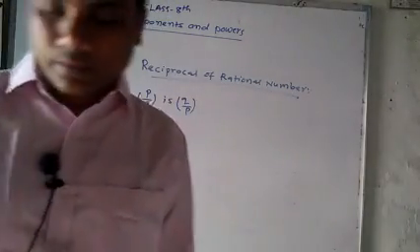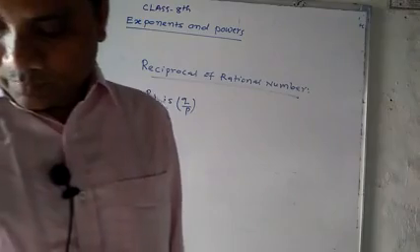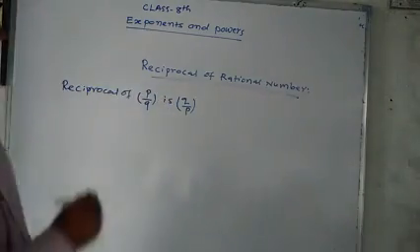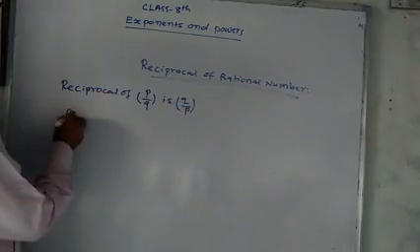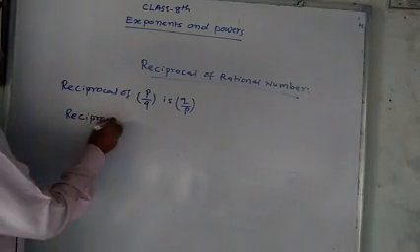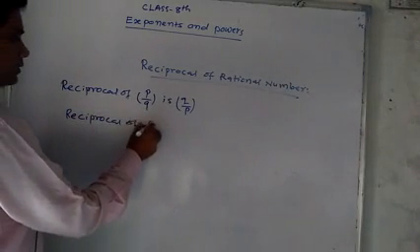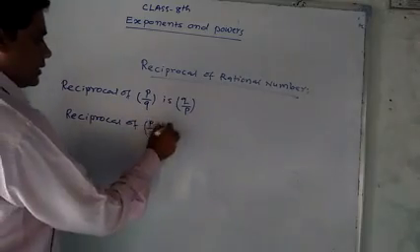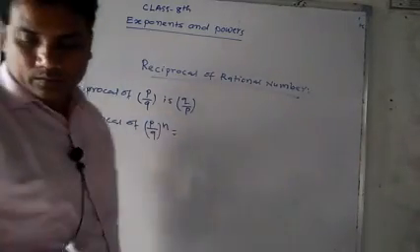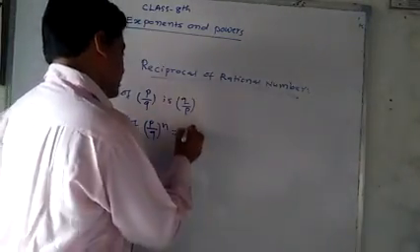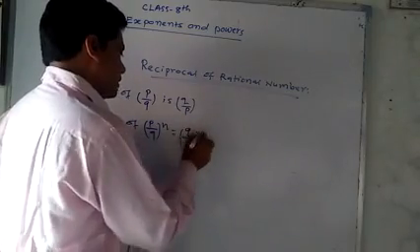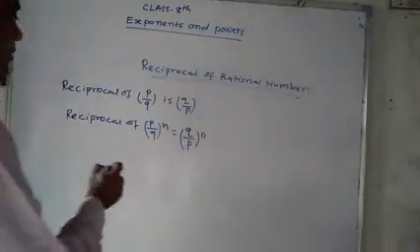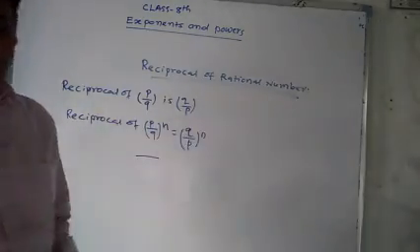Reciprocal of p by q is equal to q by p. Reciprocal of p by q to the power n is equal to q by p to the power n.